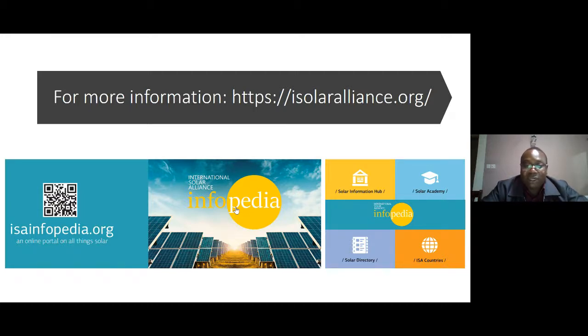These are very important aspects that affect performance. Shading is also another very important thing: when one of your PV modules or cells is covered and does not receive similar irradiation to the rest, the performance of that solar PV module can be drastically reduced, and therefore affects what you are able to get.